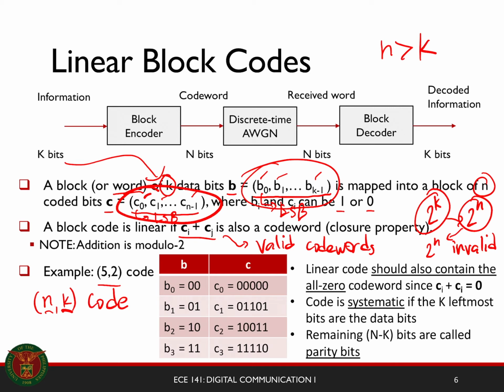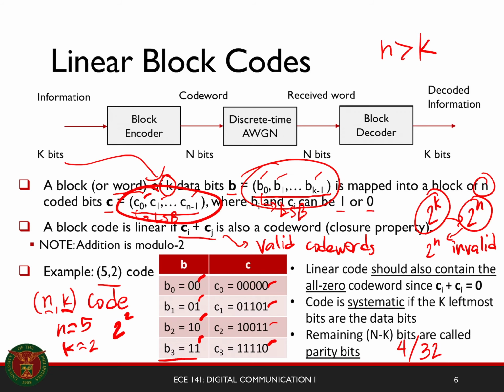So a (5,2) code would mean n is equal to 5 and k is equal to 2. From here, we have 2^2 possible messages, outlined in the first column: 00, 01, 10, and 11, mapped to an appropriate code word with 5 bits right here. So you can see you only used 4 out of 32 possible code words.